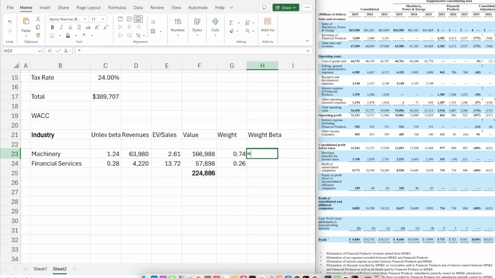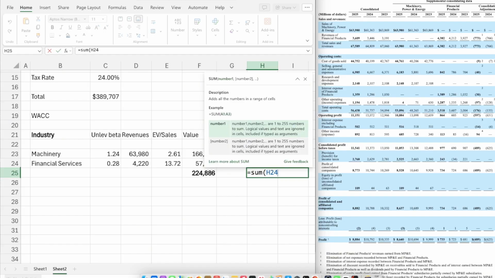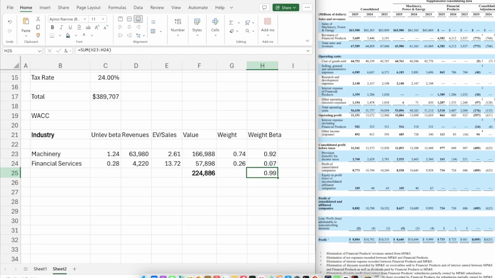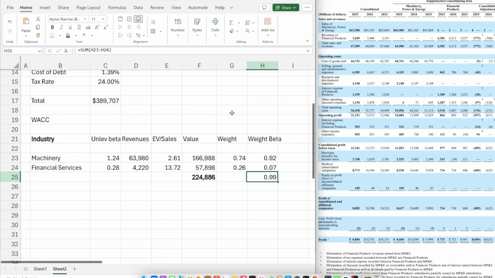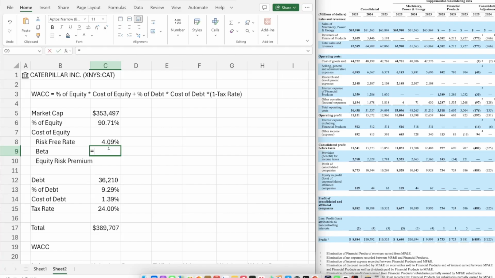The weighted beta, you just take your unlevered beta and multiply it by the weight, so 0.99, page 25.